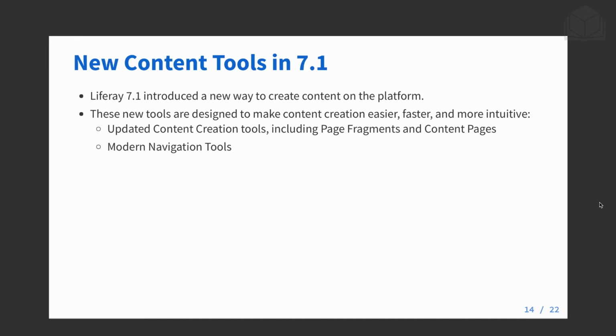But what they can do for us is they can actually make those pieces of our page editable. So for our marketing team or content teams, that might be you, we can basically drag these fragments on the page. Okay, we can create new pages very quickly. We call these content pages when we're using page fragments. We can create new content pages quickly, and we can edit the different aspects of those fragments.